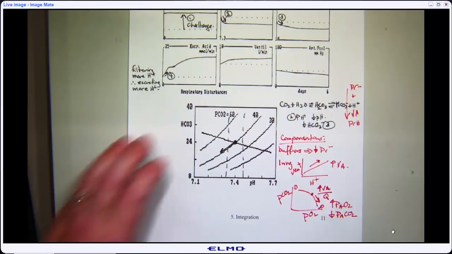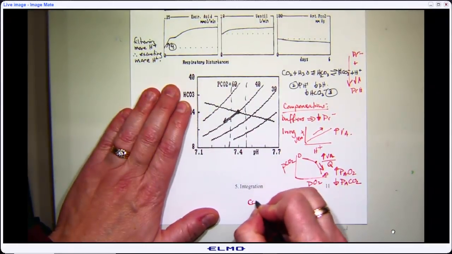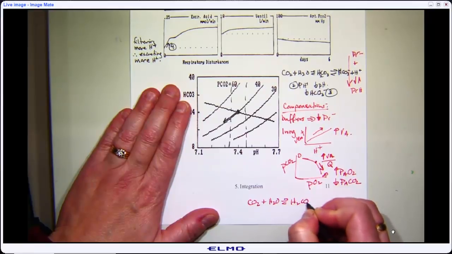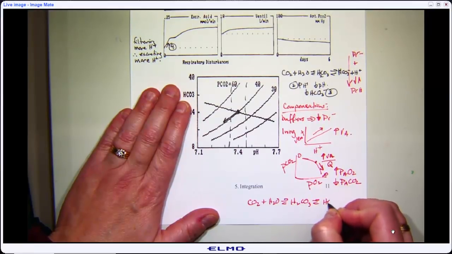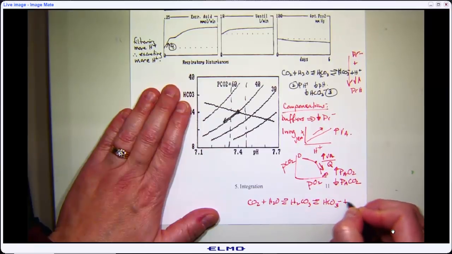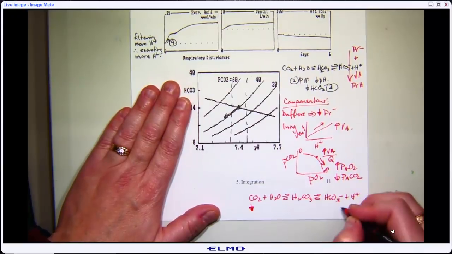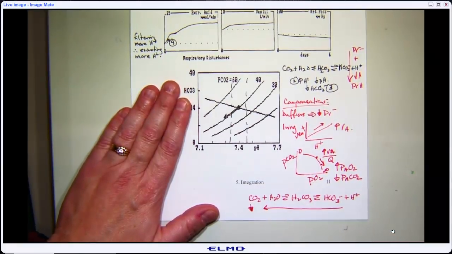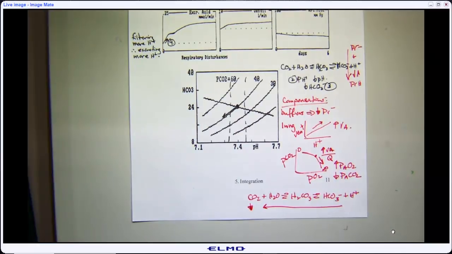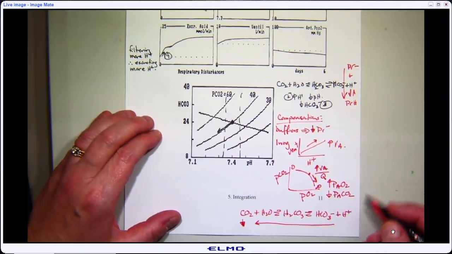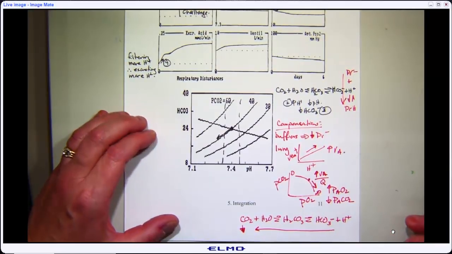Why did we do that? Decrease in CO2 now allows us to pull the equation over in this direction. All right, now that we've changed ventilation, we can change CO2. All right, so that should help us hide that excess hydrogen ion in the form of water.